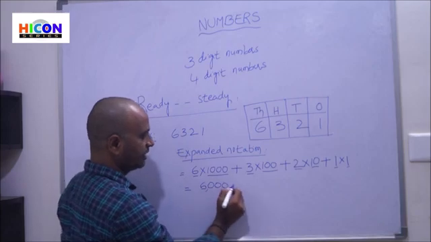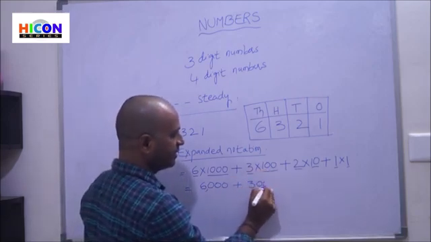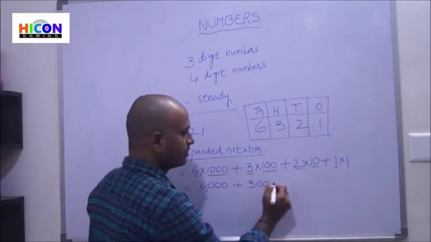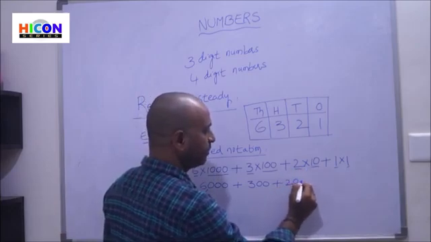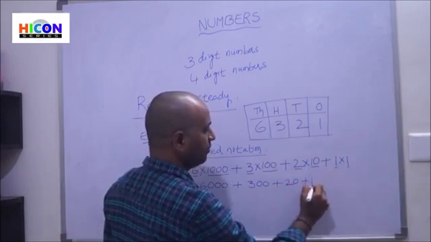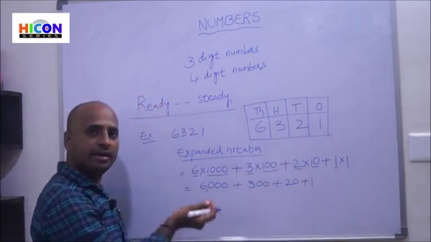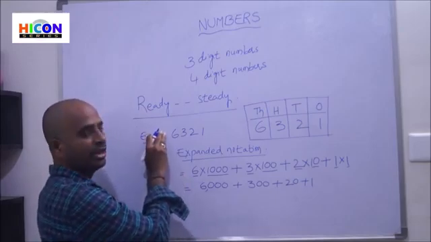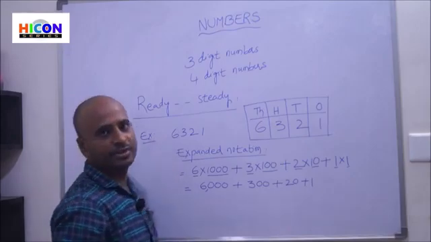So 6000 plus 3 into 100 is 300, placing the 2 zeros after the 3, plus 2 into 10 is 20, plus 1 into 1 is 1. This is the expanded notation which we have already learnt in 3rd class. This is the way of writing expanded notation for 4-digit numbers.